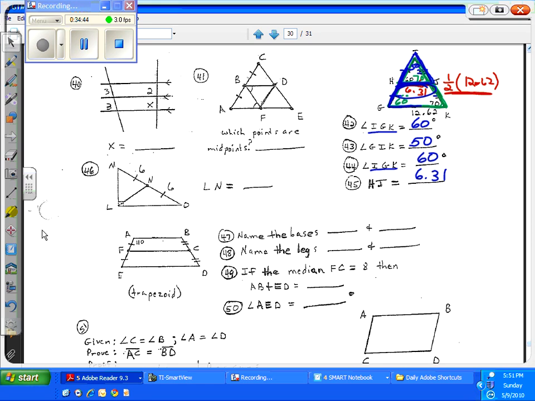Again, if a segment joins the midpoint of two sides of a triangle, then that segment must be parallel to the third side, and its length is going to be half the length of the third side. Any questions on that? Okay.